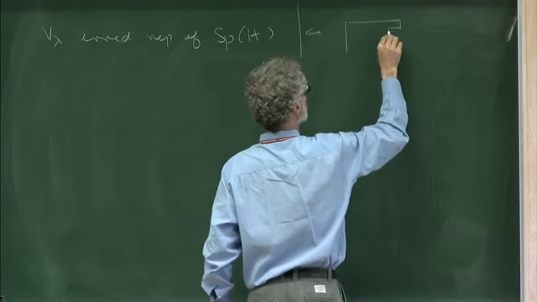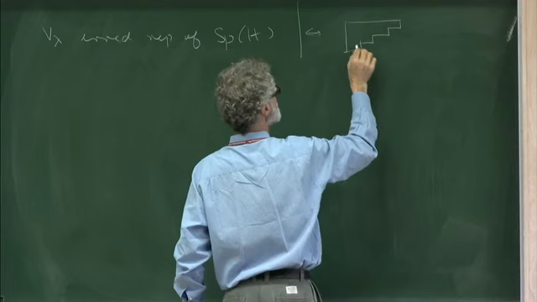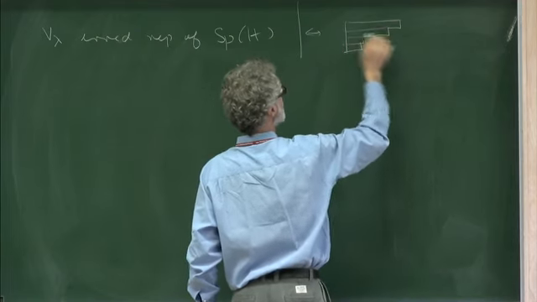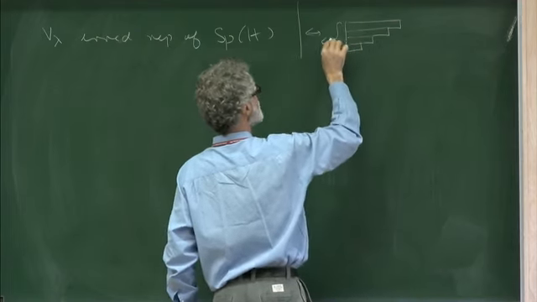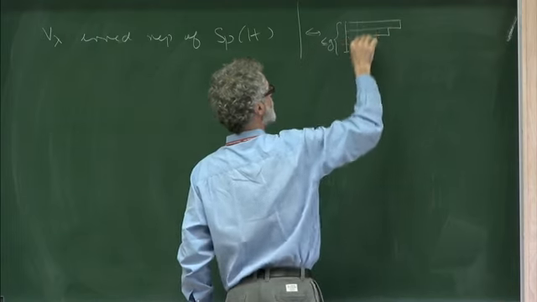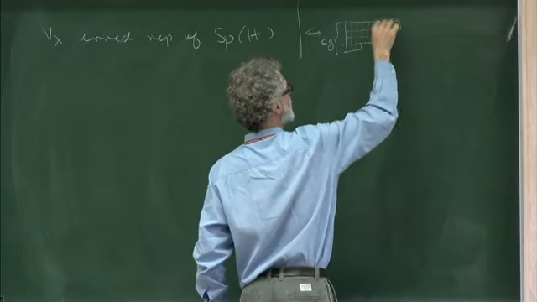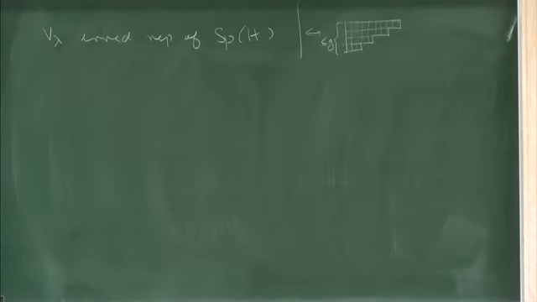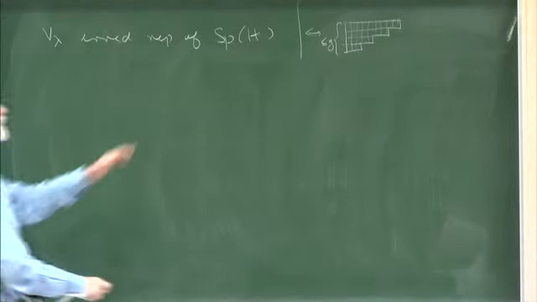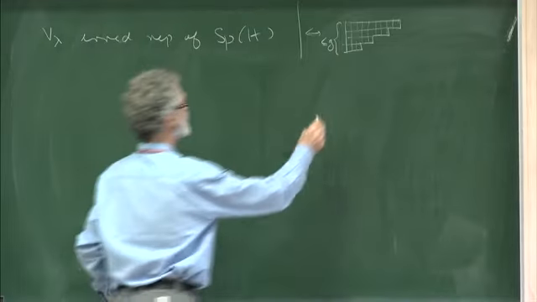Partitions have come up in several other talks. You just look at partitions of any integer into no more than g parts. And this Young diagram or Ferrers diagram will tell you what it is. So every one of these gives you a representation.